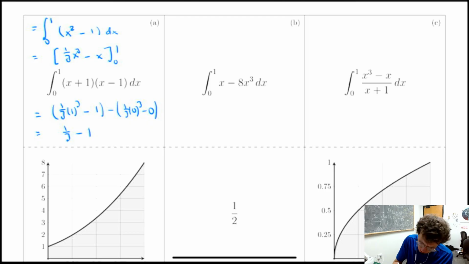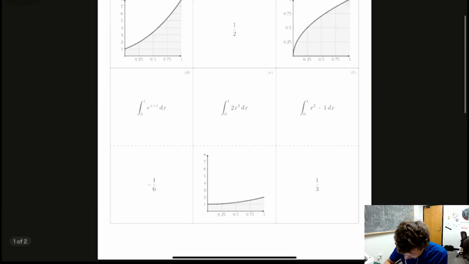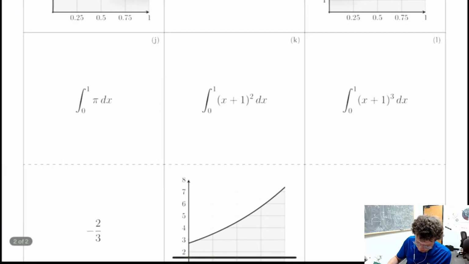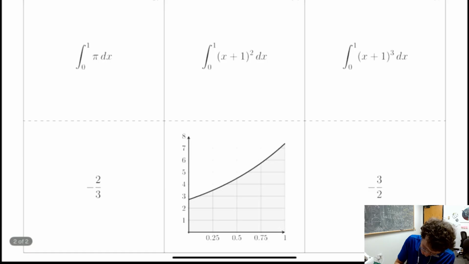So this comes out to 1/3 minus 1, this is all 0, and we end up with minus 2/3. Alright, so this was domino letter A. Let's see if there's a minus 2/3 somewhere. Yep, there is, right here. So this one goes with domino A.